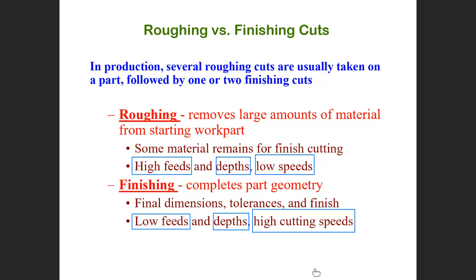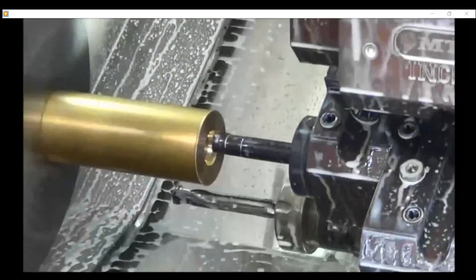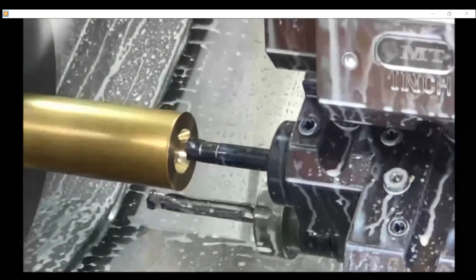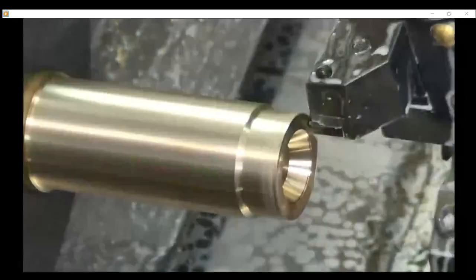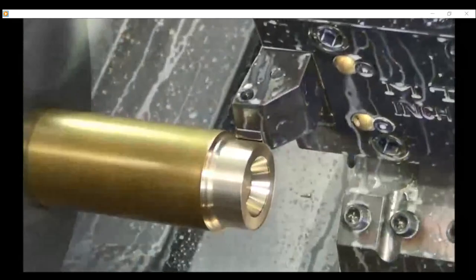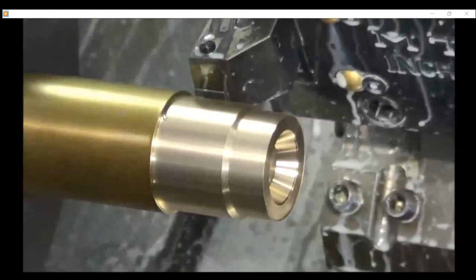Okay, let me get back to the video one more time and discuss this point. Please give me your attention. You see that this is a big depth of cut.